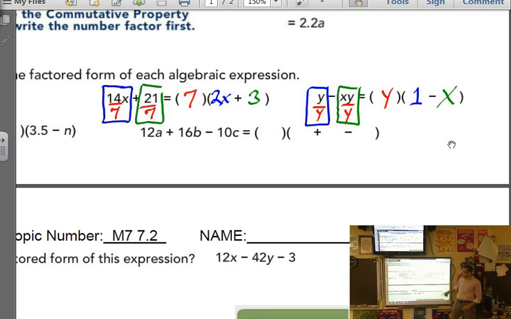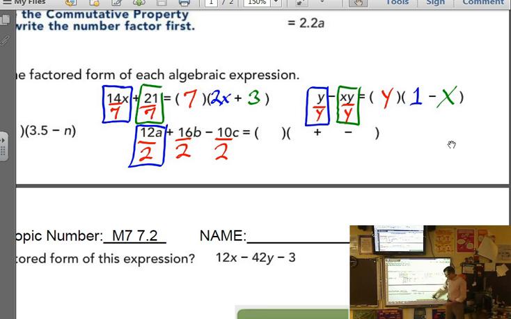And our final, most difficult, Jeremiah, you think you can step up to it? 4 can divide from the 12. 4 can divide from the 16. So if we try 2, my 12a, when I divide 12a by 2, I end up with 6a.